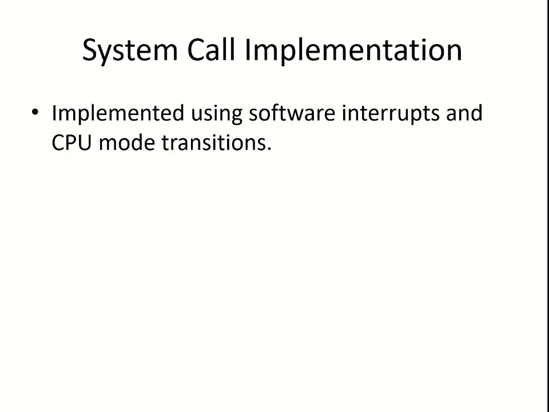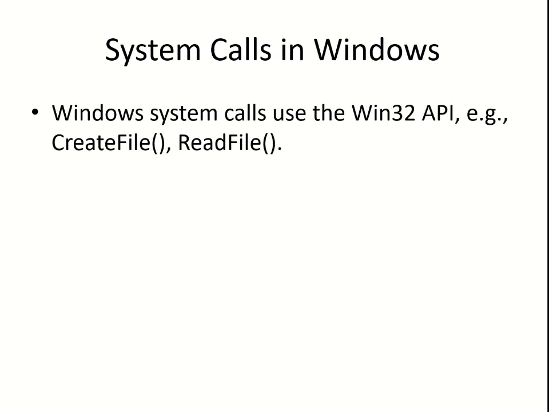And then, system call implementation: implemented using software interrupts and CPU mode transition. And now, system calls in Windows. Windows system calls use the Win32 API. For example, CreateFile(), ReadFile().